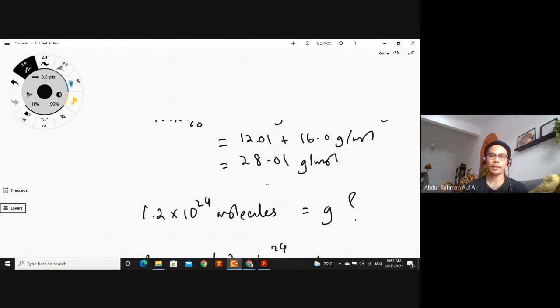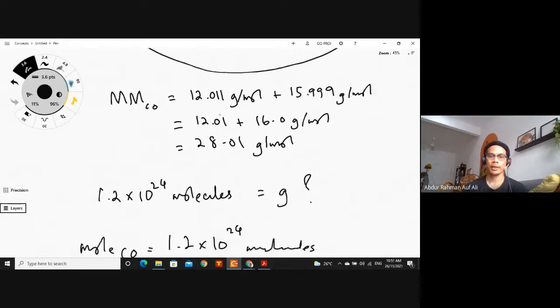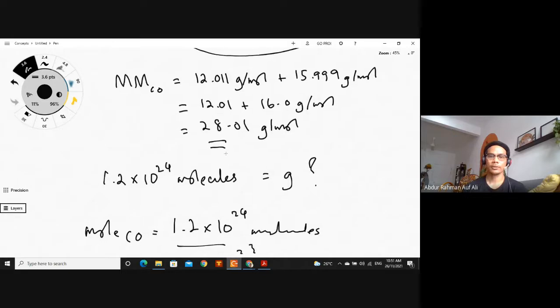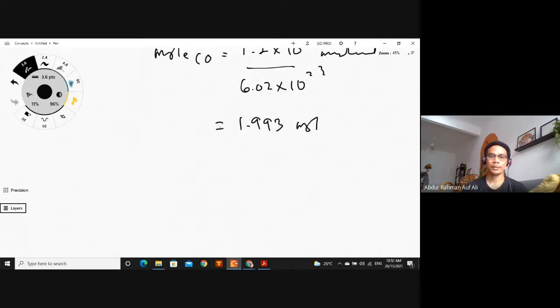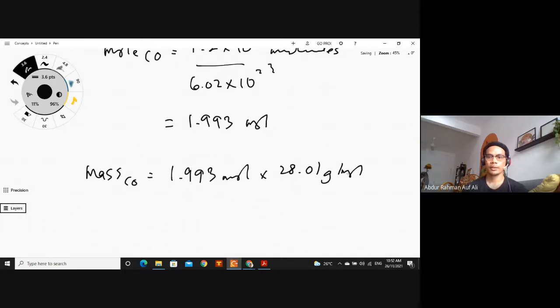So bila dah dapat bilangan mole, you look at this chart here. Untuk dapatkan berat, kita kena darab dengan molecular mass, which yang we have calculated here. So mass of CO equals to bilangan mole 1.993 mole darab dengan 28.01 gram per mole.